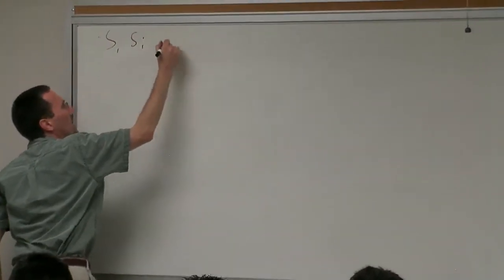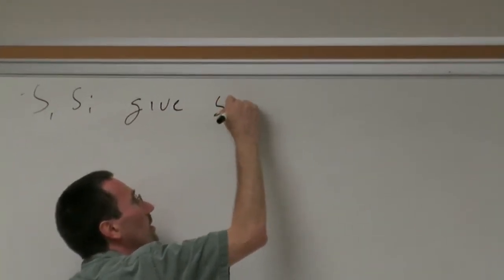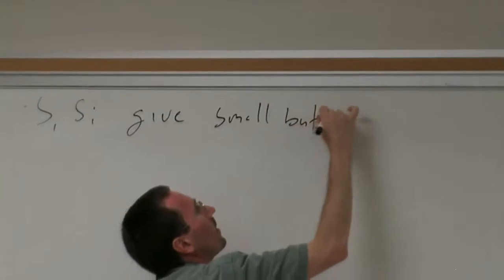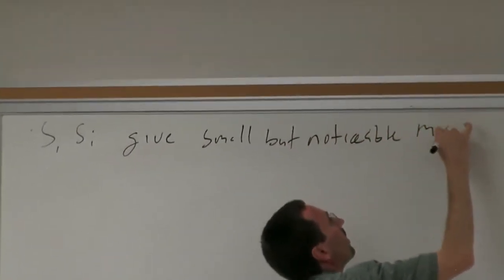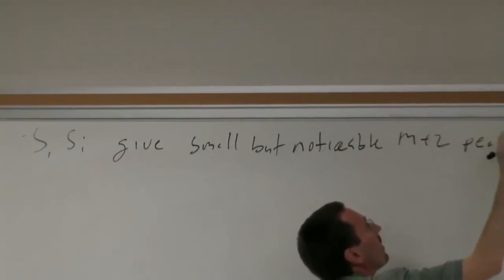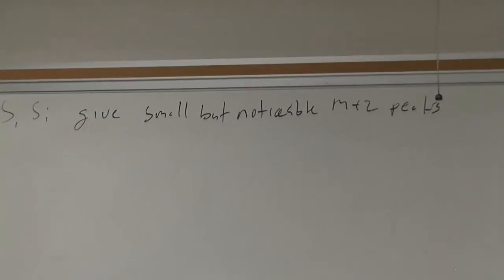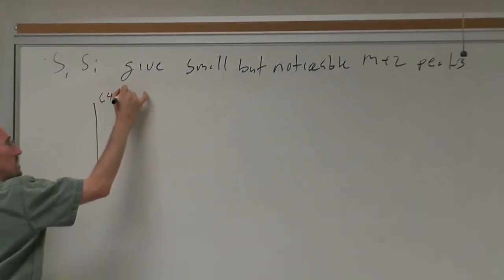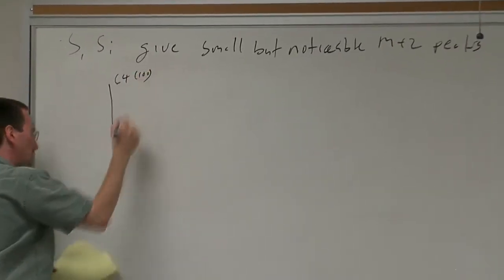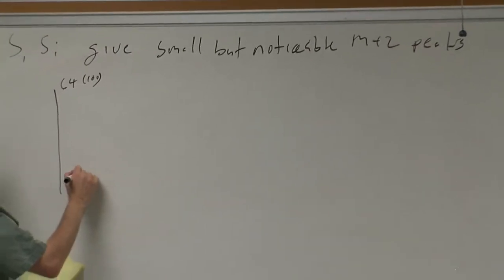So as I said, sulfur and Si give small but noticeable M+2 peaks. So let's take a look. I'll make a little sketch here of a compound with a line at 64 of 100 relative intensity, a line at 65.